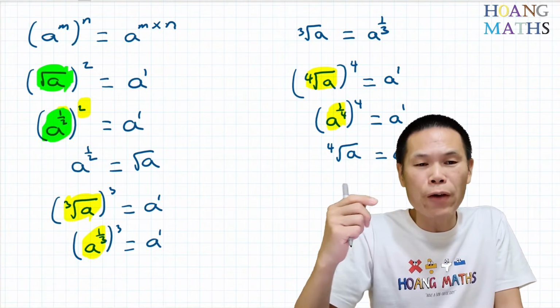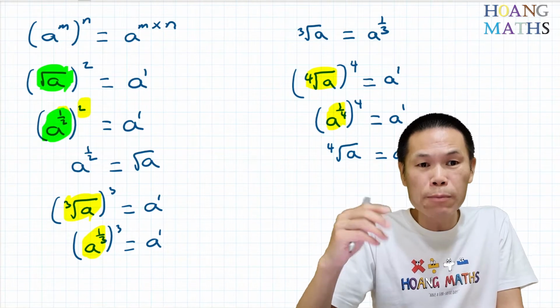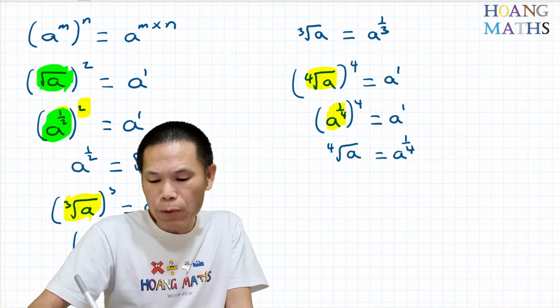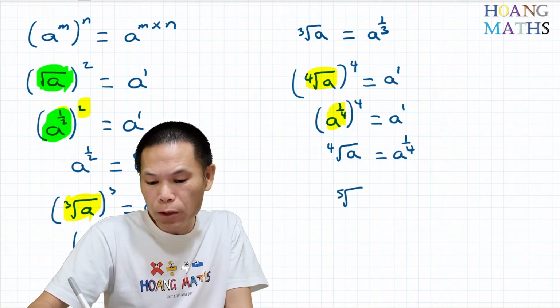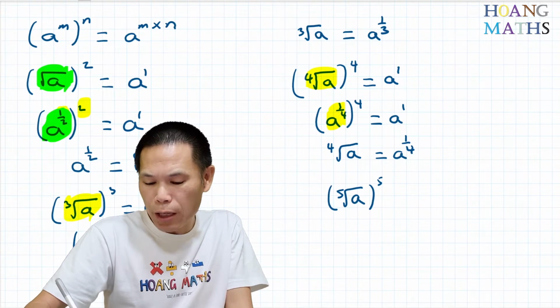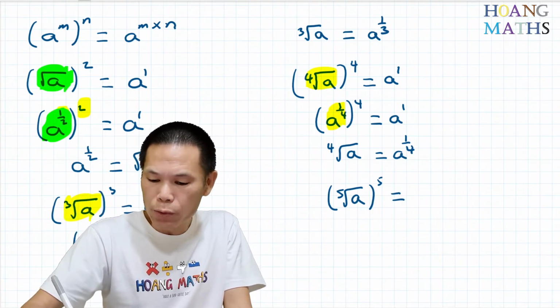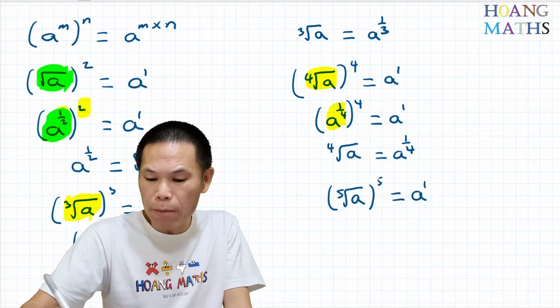What about the fifth root of x? The opposite of the fifth root is power of 5. So let me just write this down. If we have the fifth root of x and we raise it to the power of 5, that cancels out because the opposite of the fifth root is power of 5. So this will give me x, and x means x to the power of 1.